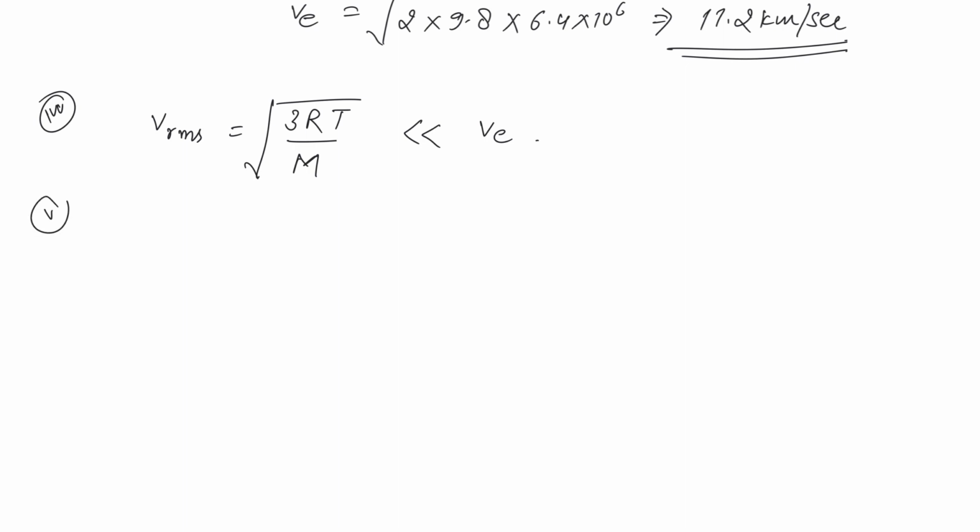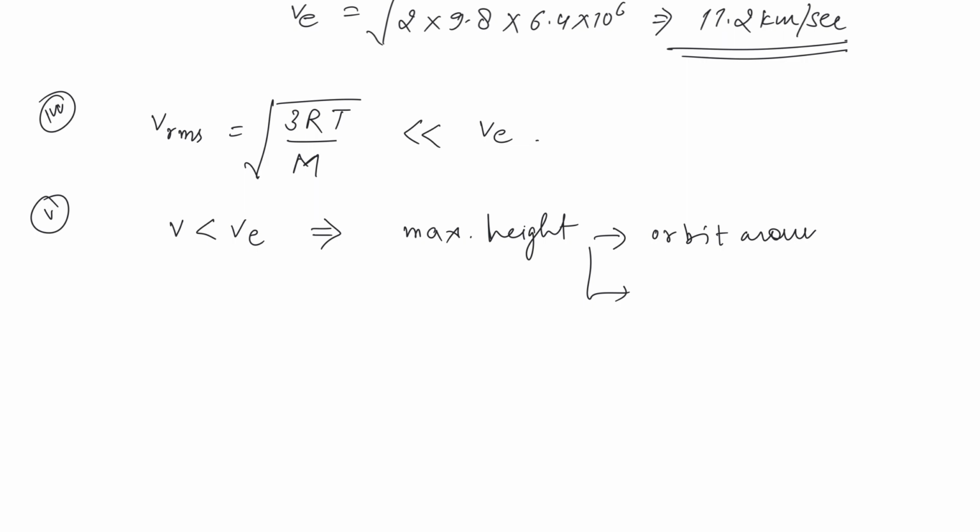Fifth point, if a body is projected with a velocity less than the escape velocity, then what will happen? The body will reach some maximum height, and then two things may happen. It may orbit around the planet or may fall back.